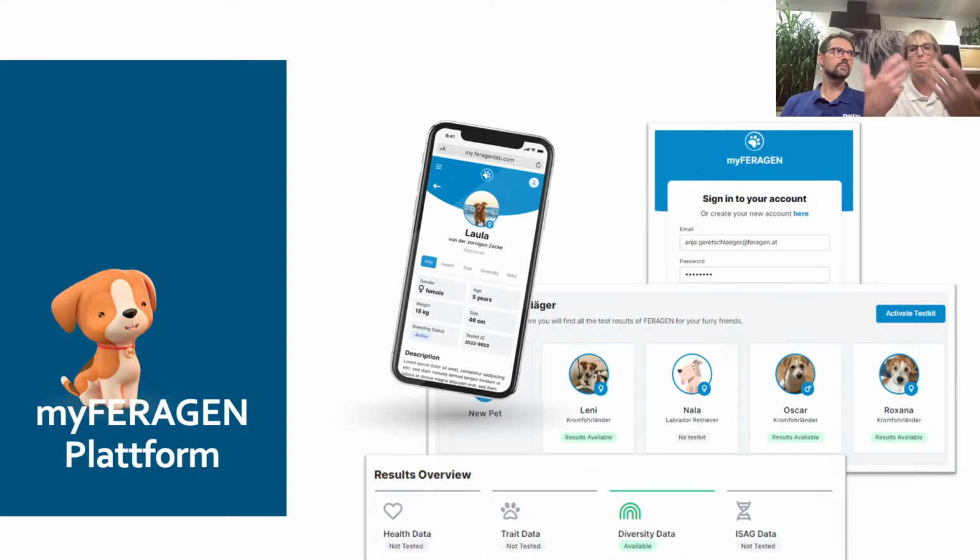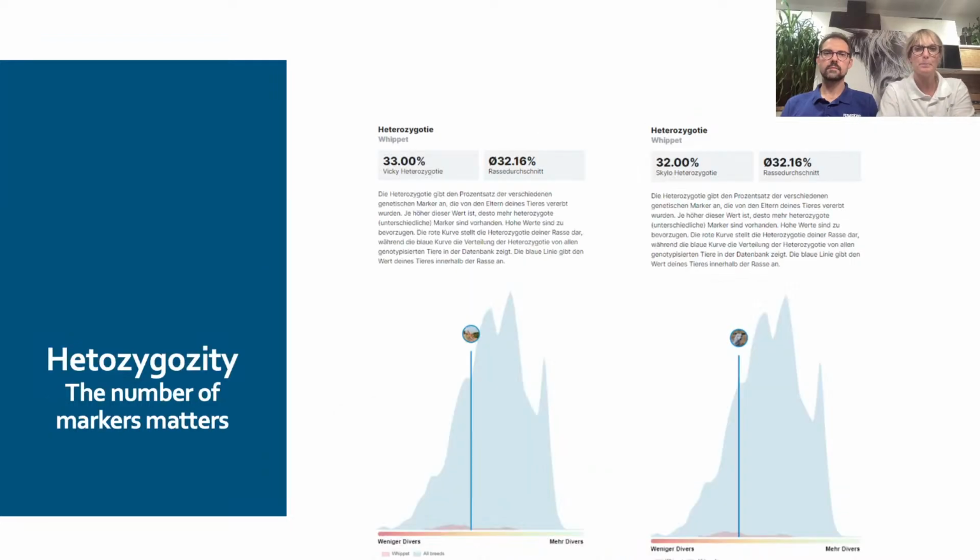So they will also be collected in the database, but we also display diversity data like heterozygosity or inbreeding, and this is also used for the matching tool to find the right breeding partner.